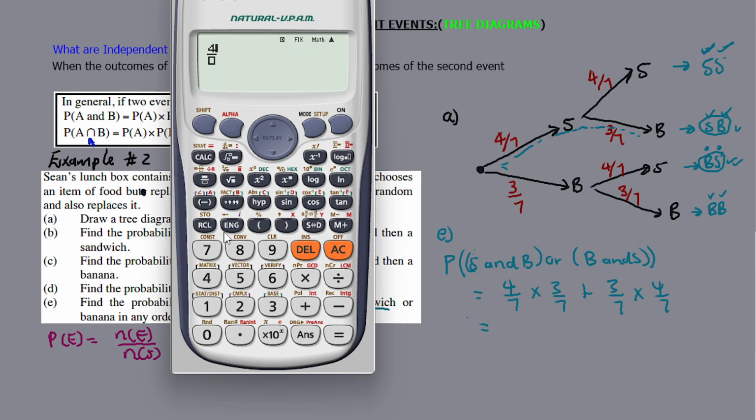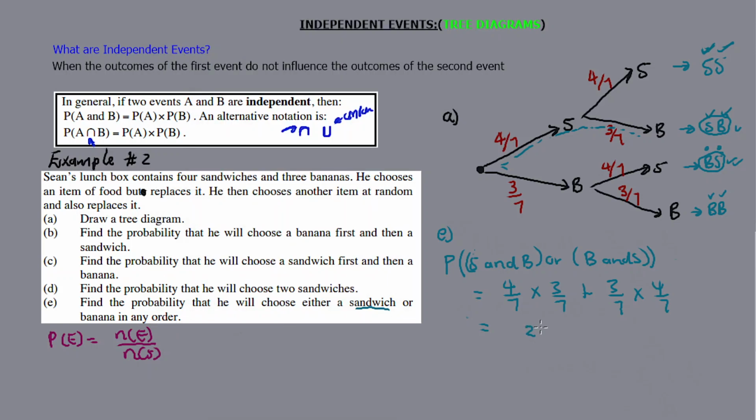Just like that. It's 4/7 times 3/7 plus 3/7 times 4/7. Our answer is 24/49. This is our answer.